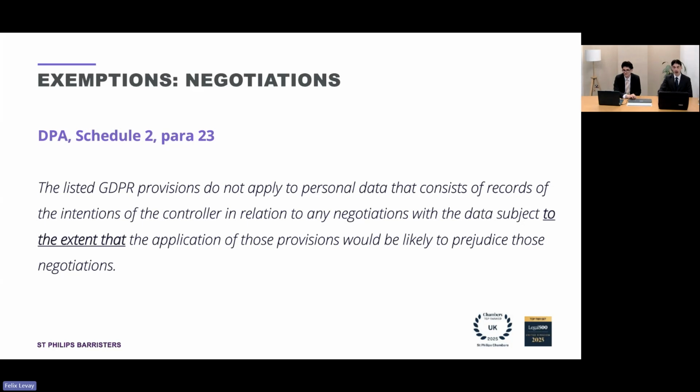For example, a company might be negotiating with a prospective employee or a current employee about their remuneration package, or negotiations with respect to an exit, and clearly disclosing personal data about the management's view of the prospects of negotiations and the likely value and so on would prejudice those negotiations, and so it wouldn't have to be shared.